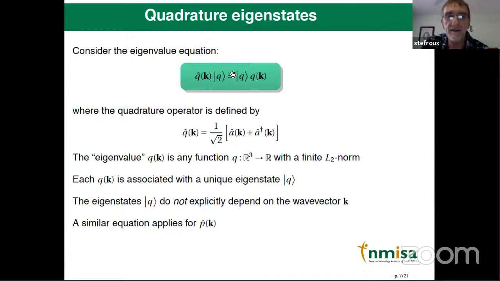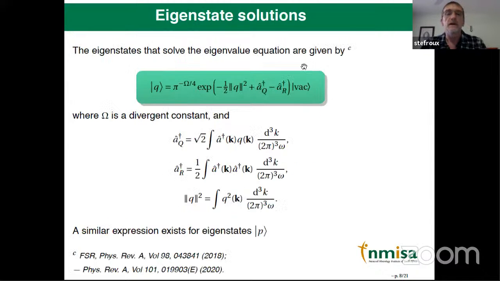However, the eigenstates do not contain these momentum vectors explicitly. So what this implies is that for every eigenvalue function, there is a unique eigenstate. And because there are so many functions, you really have a vast space of eigenstates. Now, a similar equation applies for the P quadrature operator. The solution can be expressed in terms of an exponentiated operator that operates on the vacuum state.